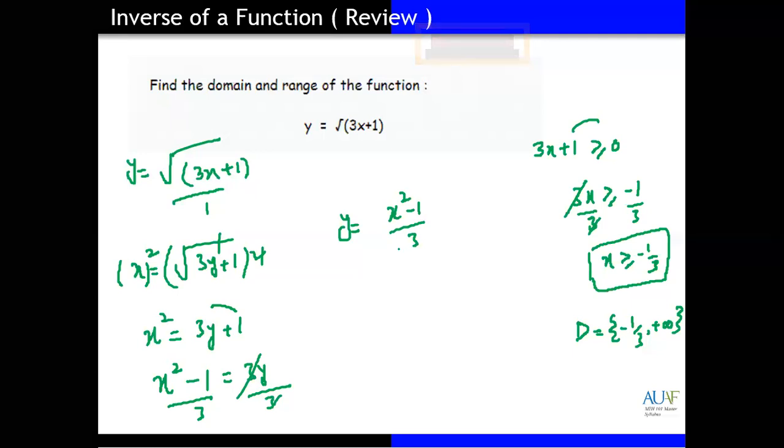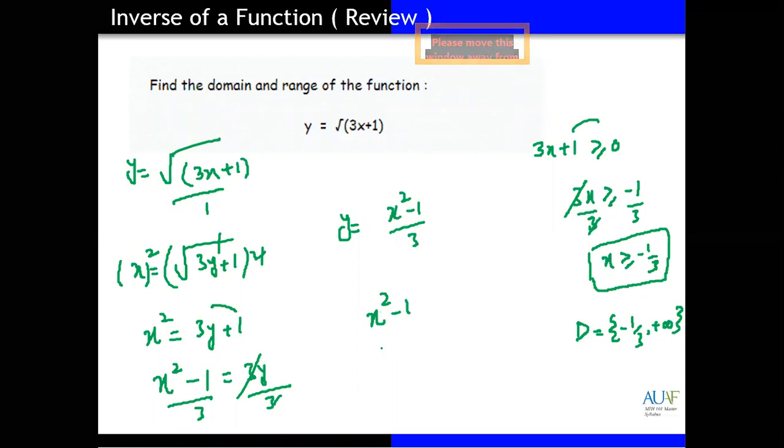Now, how can we find the domain of this function? We have x square minus 1 in the numerator. In the denominator, we don't have any variable, we have just 3. So x square minus 1 is very important, and you can give it any value, positive, negative, or 0.